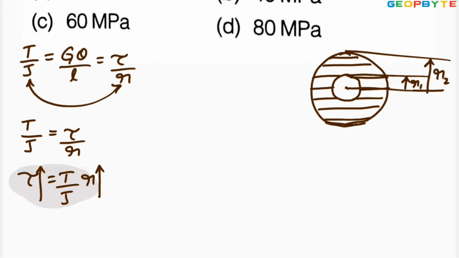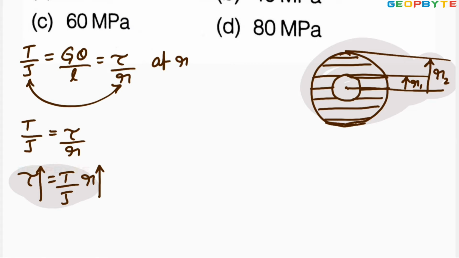That means the shear stress developed increases along with increase in radius. Look at the diagram. Since the outer radius is more than the inner radius, therefore maximum shear stress is developed at the outer radius.